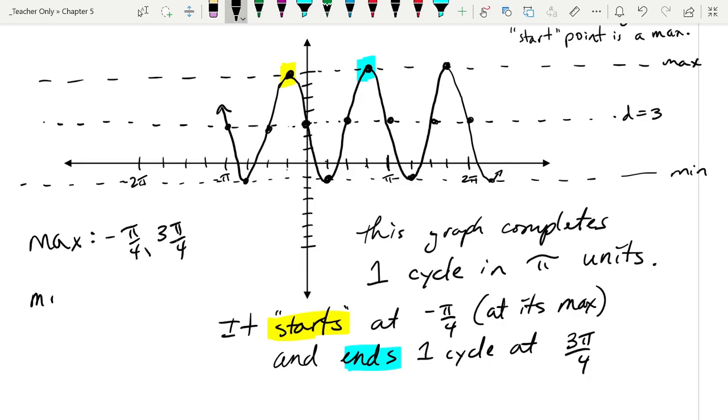I could say that my minimums happened at pi by 4, right there. And the next one would be 5 pi by 4. I should say maybe etc. And of course, my nodes happened at 0 and pi by 2. And you get the idea.